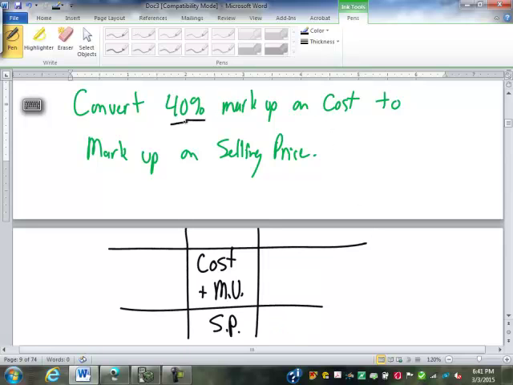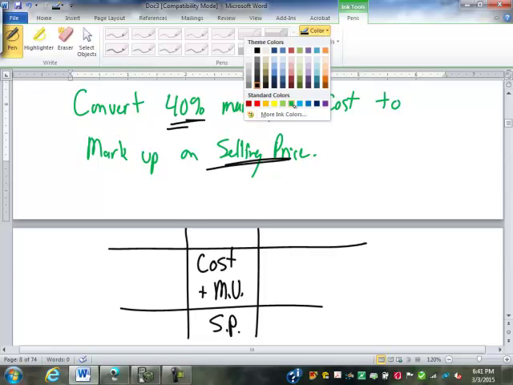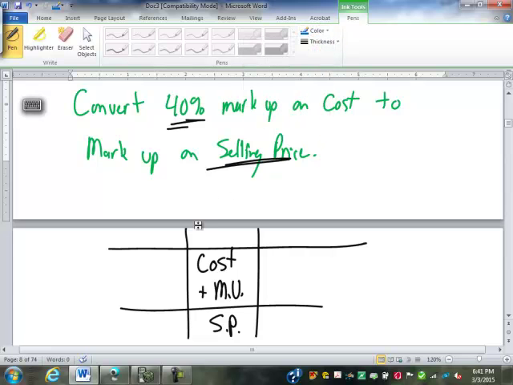All we care about is converting this percent to this percent. So our columns in our table now, instead of being percent on one side and dollars on the other, are going to be percent on cost on one side and percent on selling price on the other.